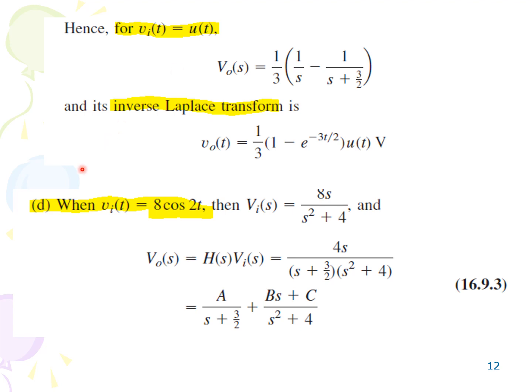The final part of the problem is when the input voltage is a cosine function, 8 cos of 2t, then we have to find the output voltage.